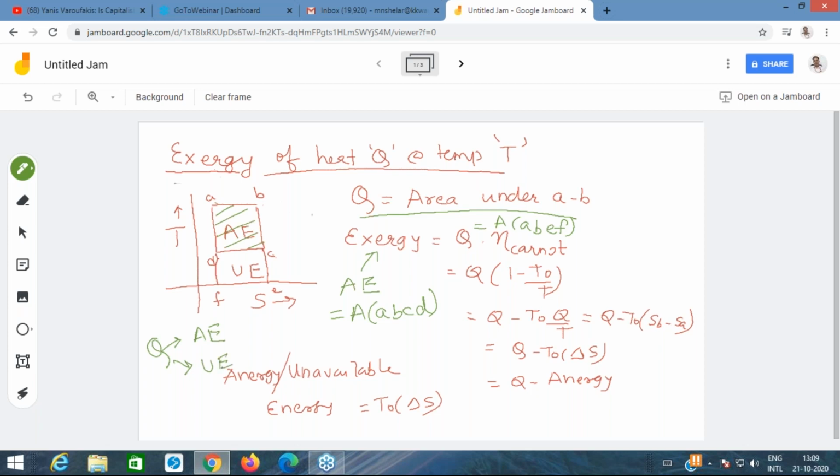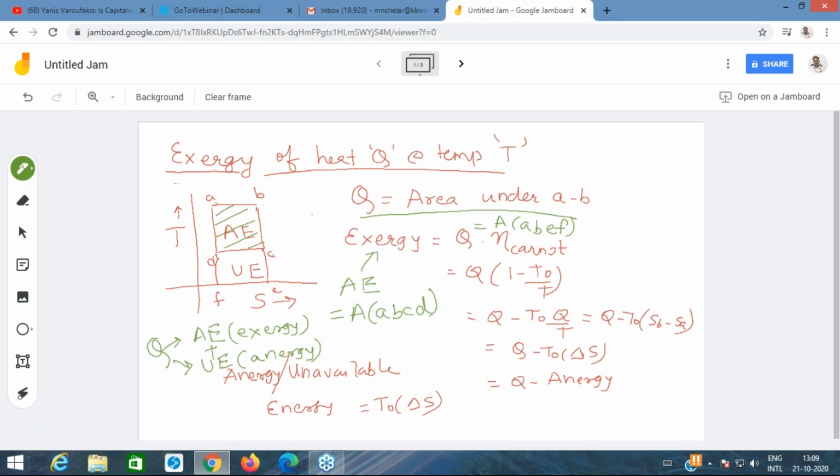Or you can use another term: some of the heat is the exergy, and the remaining is the energy which is not available, anergy. Not energy, ANERGY. Or AE plus UE, available energy plus unavailable energy, is the heat supplied.